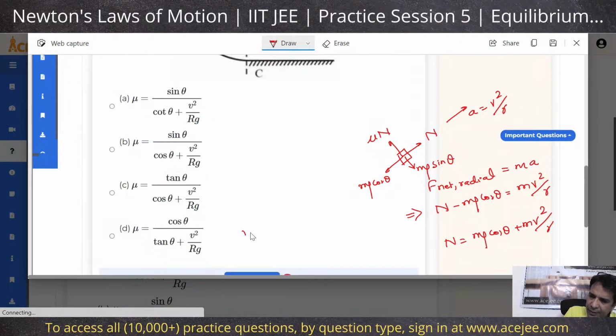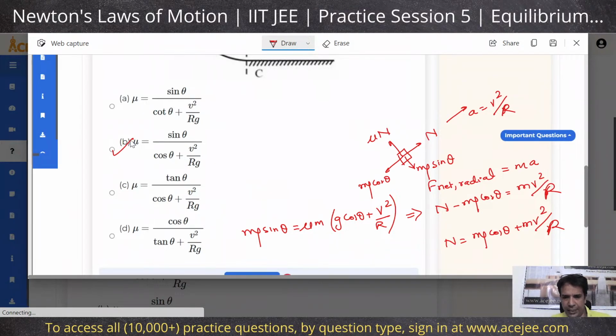So mg sine theta must equal mu times N, which is m g cos theta plus v square by r. I'm going to write capital R because that's what the answer says. So we get option B.